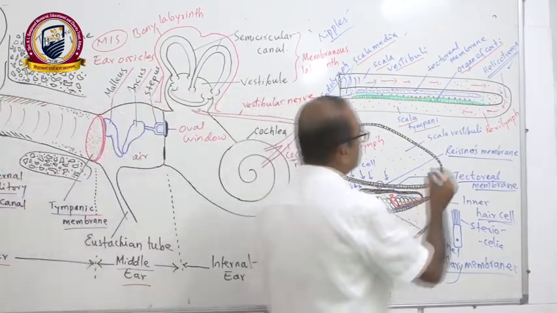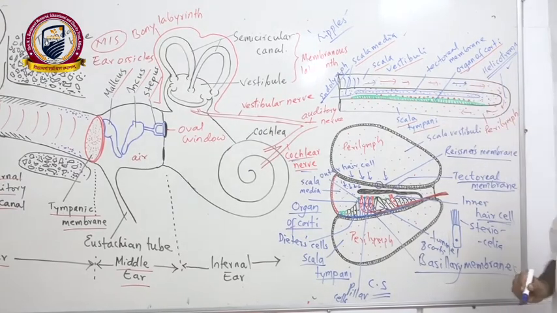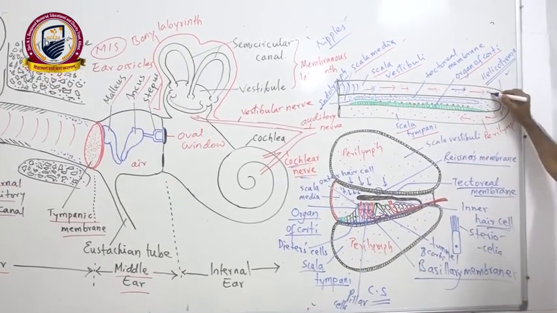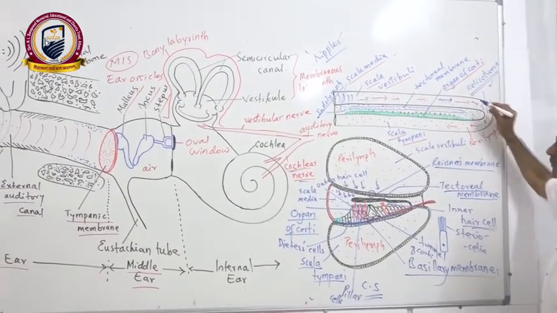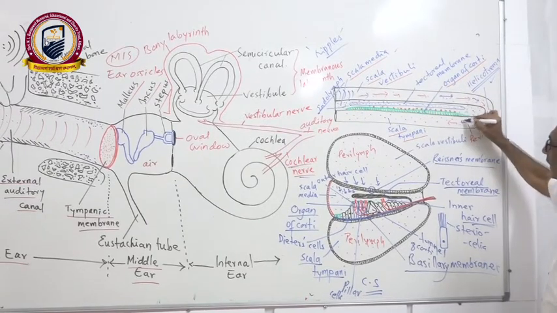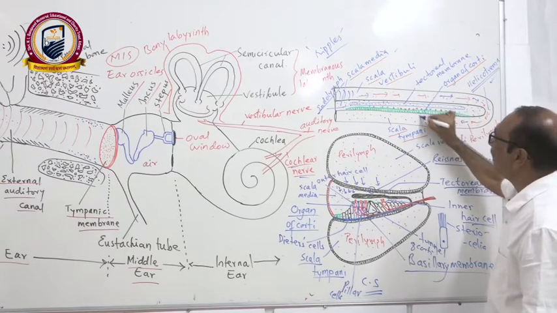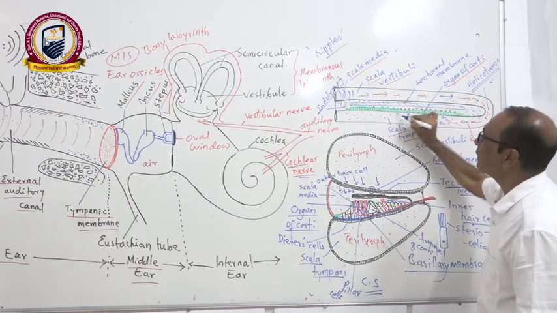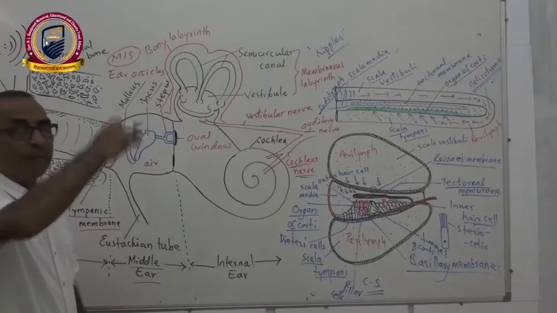And as we know that the upper and the lower tubes are connected, the rippling movement of the fluid in the perilymph from the scala vestibuli to scala tympani continues, and these rippling movements will have their effect on the basilar membrane, and this membrane moves.